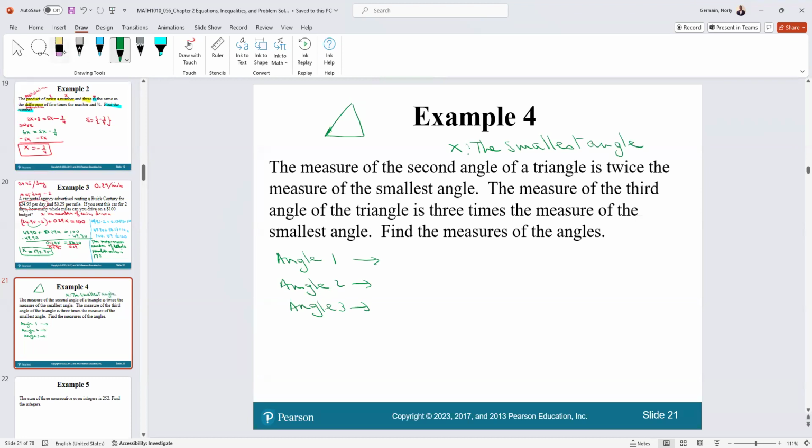You know what? I'm going to erase this. I'm going to set smallest angle, second angle, and we have a third angle.